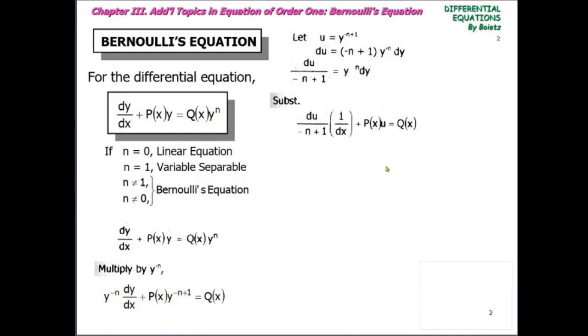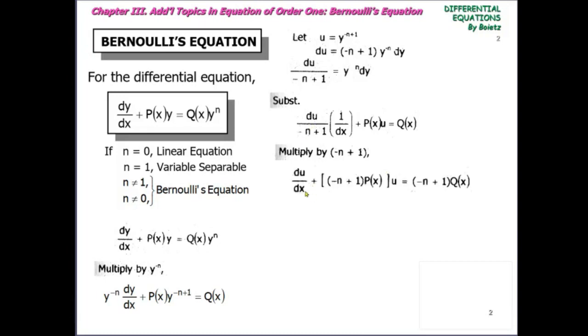Okay. So anong nangyayari? So du all over negative n plus 1, 1 over dx, then plus pxu is equal to qx. So mangyayari dito, multiply the whole equation by quantity negative n plus 1.